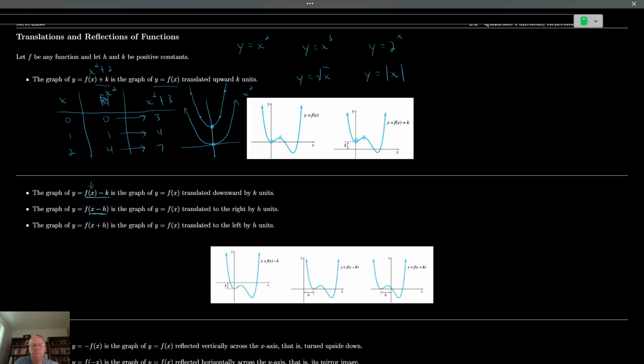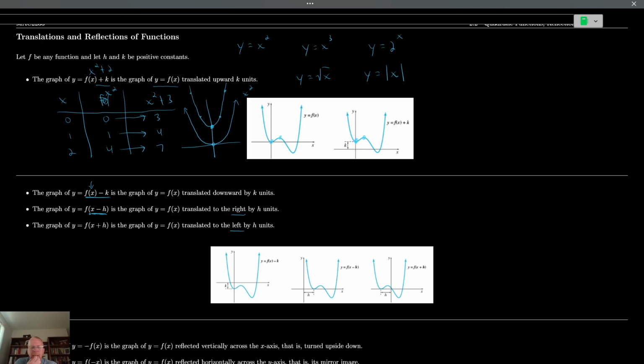So when the input is being changed, when you're inside the parentheses of that f of x, now you're going to move right or left. And it's actually the opposite of what you might think. So here with the vertical shifts, the plus k, it makes sense, we're going to move up. The minus k, it makes sense, we're going to move down. But now we have an x minus h or an x plus h. The minus h actually moves right.